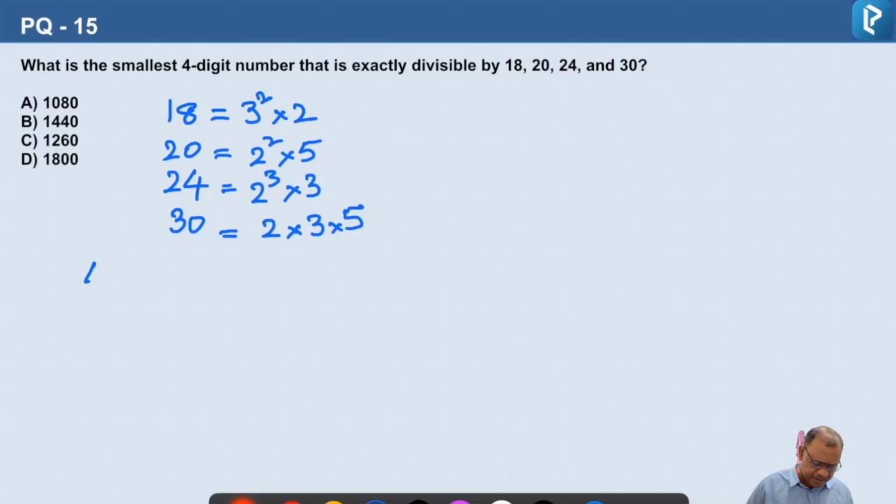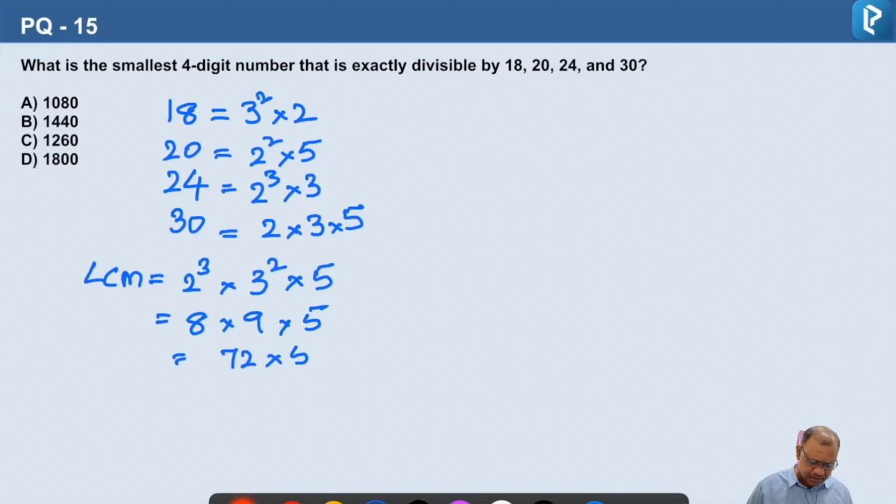So what is the LCM here? Highest power 2, highest power 3, 3 highest power 2, and we have 5. So that is 8 into 9 into 5. 8 into 9, 72 times 5, which is equal to 360.